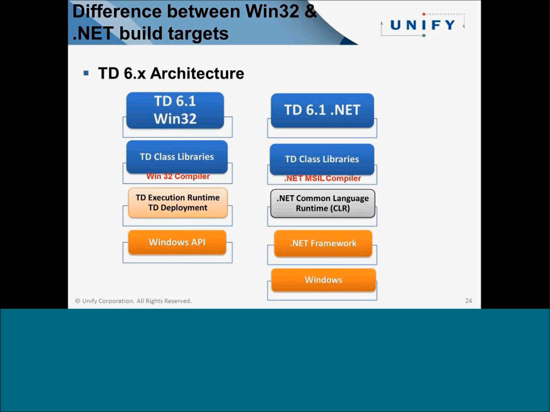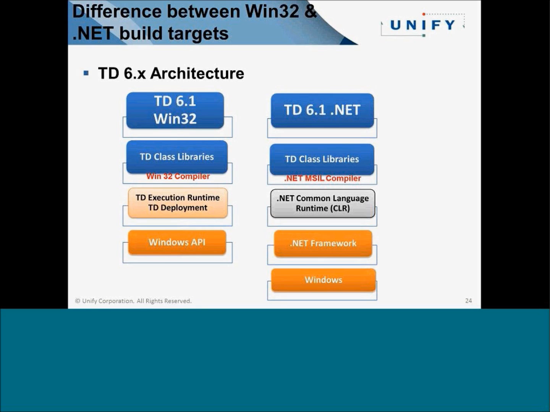This is called SAL, like SalTblPopulate or SalSqlConnect. This is our own technology, and we have a Win32 compiler which creates the executable. And we also have the Team Developer execution runtime. That means this is our own deployment. So we take care of the runtime of the Team Developer environment at this point.